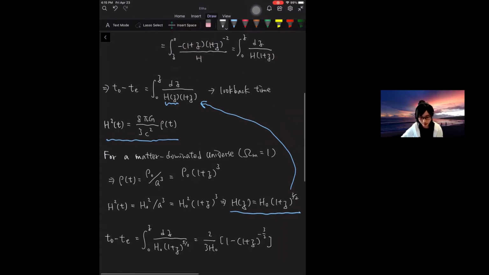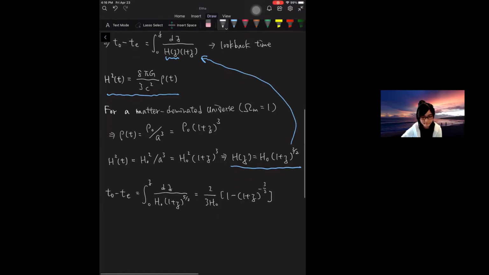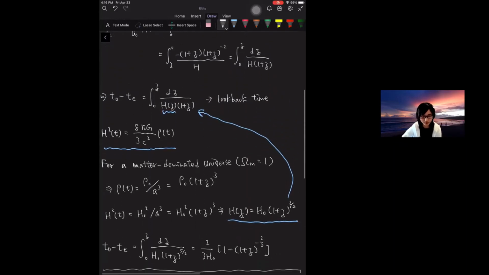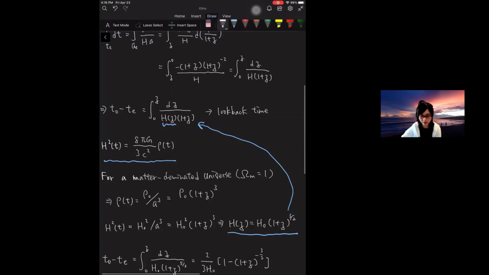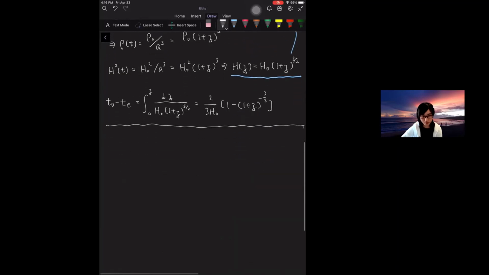So that's the first part, for calculating time scales on cosmic scales. Any questions? I know you have done this a lot already in previous homeworks, but you'll need to use this a lot, so that's why I want to cover it again and make sure you know how to do this.